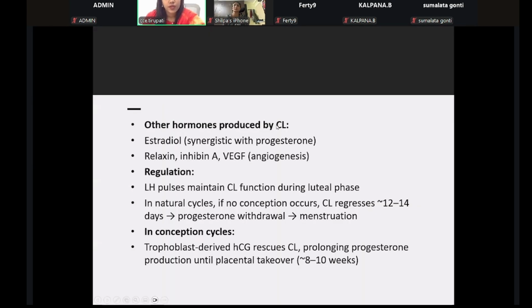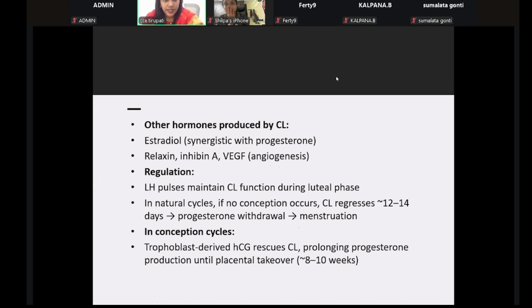The corpus luteum, in addition to progesterone, also secretes estradiol, relaxin, inhibin A, and VEGF. For a proper luteal phase, in addition to progesterone, other hormones are also needed, like LH pulses, to maintain adequate function of the corpus luteum during the luteal phase.